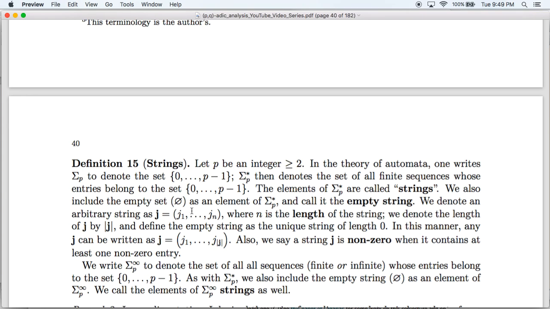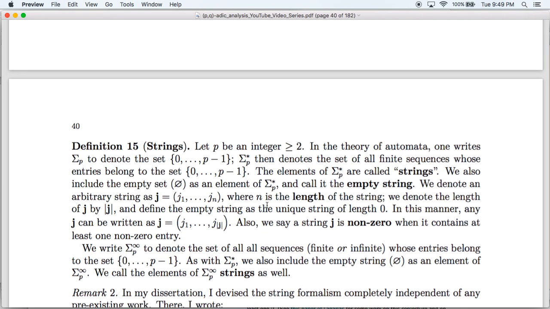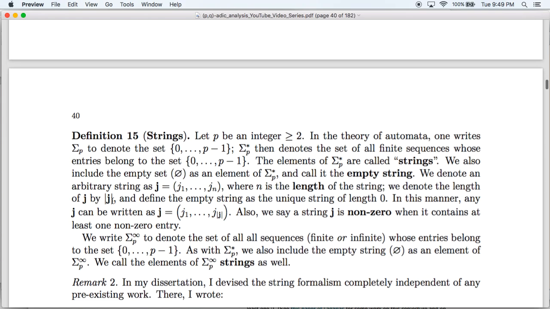We also include the empty set as an element of sigma p star and call it the empty string. An arbitrary string j is denoted j1 through jn, where n is the length of the string, and we denote the length by the absolute value signs, and define the empty string as the unique string of length 0. In this way, any string j can be written as j1 through j length of j.